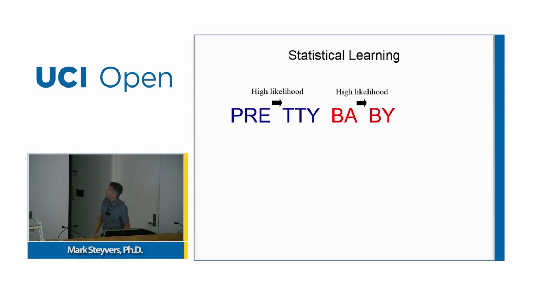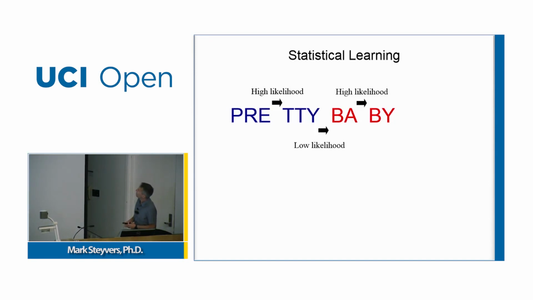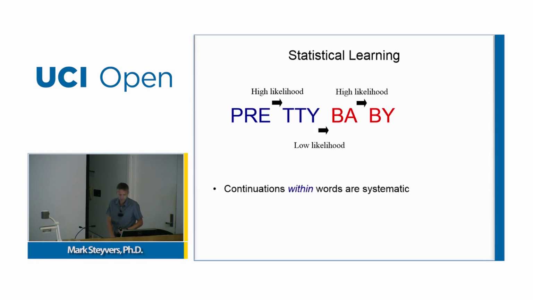Similarly, the syllable bee is likely to follow bay. On the other hand, the syllable bay from baby is unlikely to follow tee. I mean, it does happen, as when you say pretty baby, but overall, those occurrences should be far less likely than those transition probabilities within particular words.